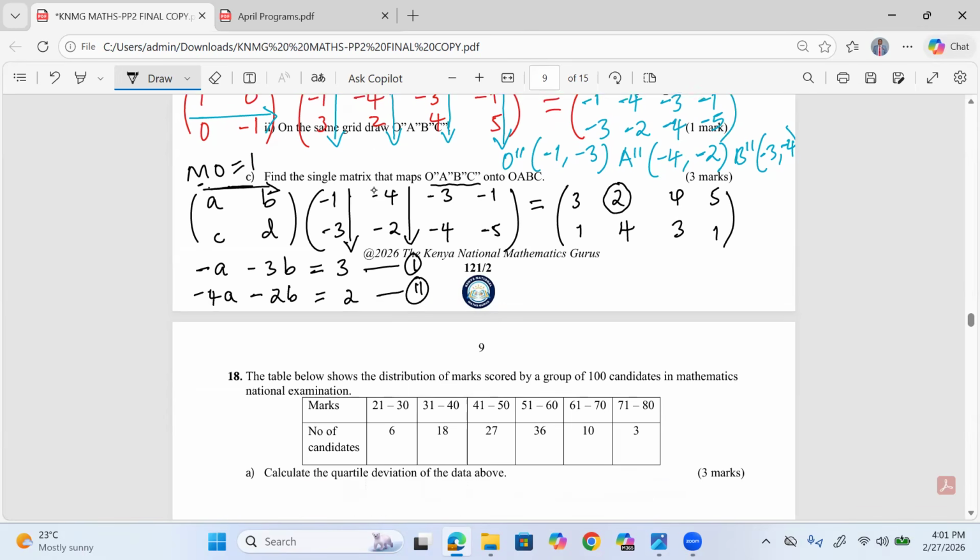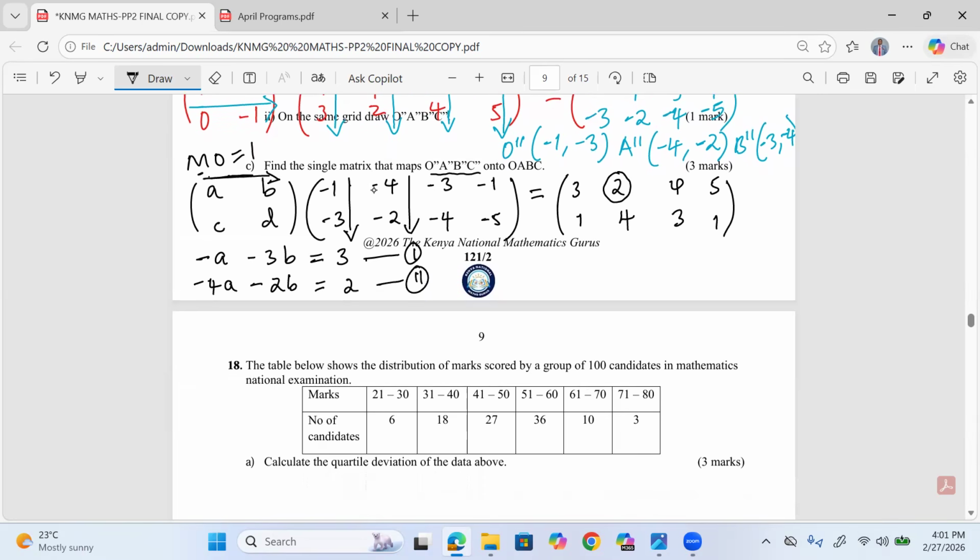So the values of A and B now shall be found from a pair of simultaneous equations. We can use any of the methods. We have matrix methods, we have elimination, we have substitution method, and such. So allow me to prefer the substitution method, so that I say from equation 1, the value of A can be expressed as, I'm taking A to be positive on the left, so that I have -3B - 3, that way.